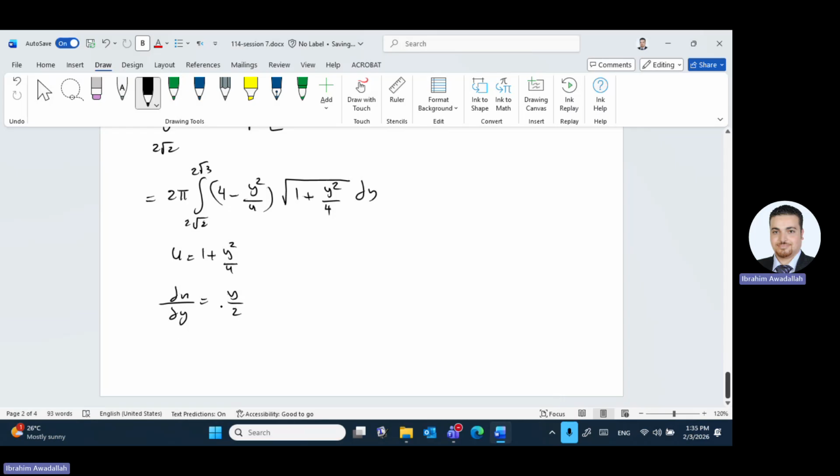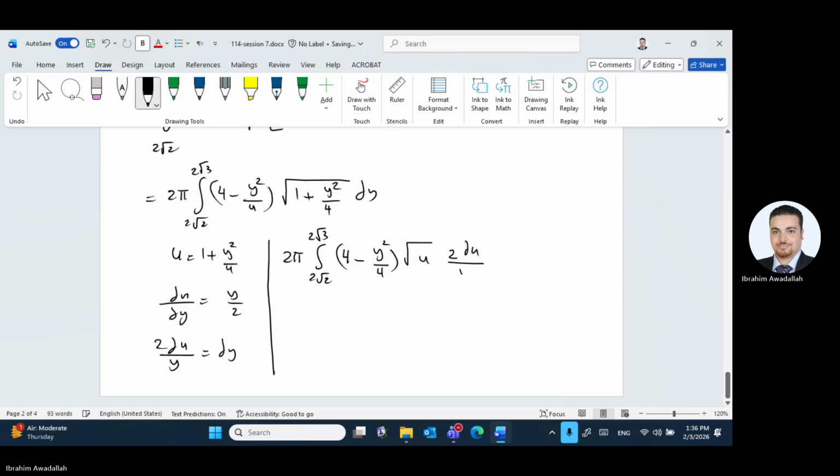So we need to find dy: multiply by 2, multiply by y, divide by y, so dy equals 2 du over y. 2 pi, integration from 2 root of 2 to 2 root of 3, 4 minus y squared over 4, the root of u, 2 du over y.